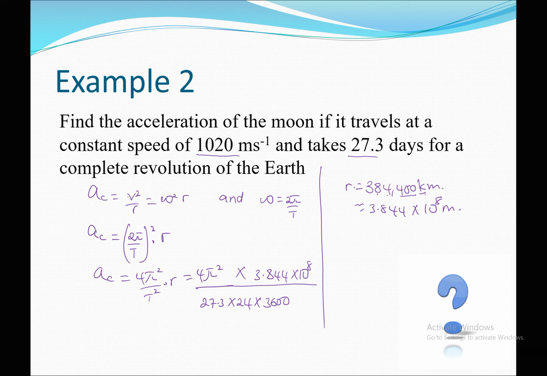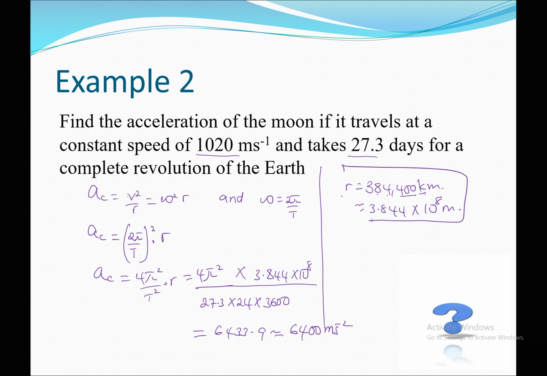Okay, so the centripetal acceleration here is approximately 0.00272 meters per second squared. Of course, you don't need to remember this distance, it will always be given in the list. If it is required, it is always given.